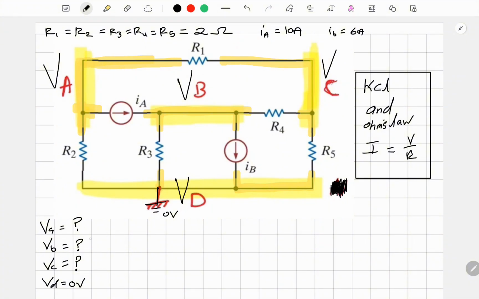So looking at this, I have 3 unknowns. And since I have 3 unknowns, I'm going to need 3 nodal equations. Exactly, and this will always apply to every circuit. However many unknowns you have is how many nodal equations you'll need.